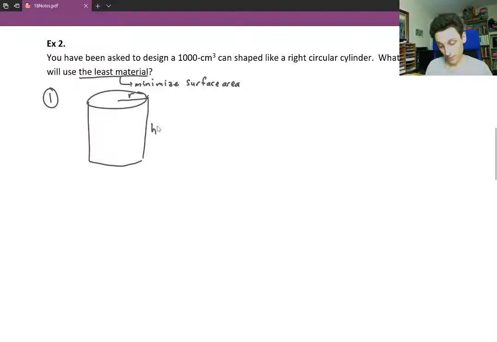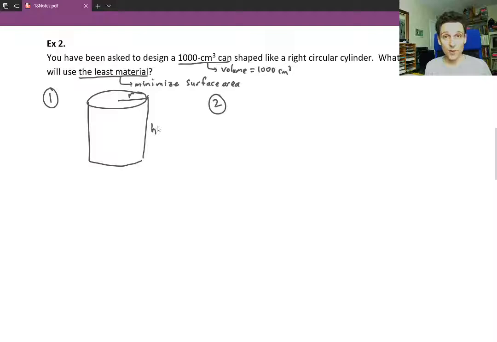Now, one of the constraints on this is that we only have a certain amount of volume. So that's going to come into play later. But for now, what we're interested in is coming up with a function.